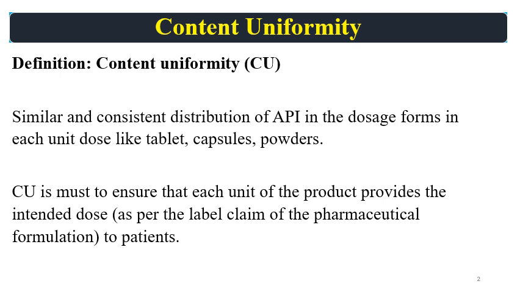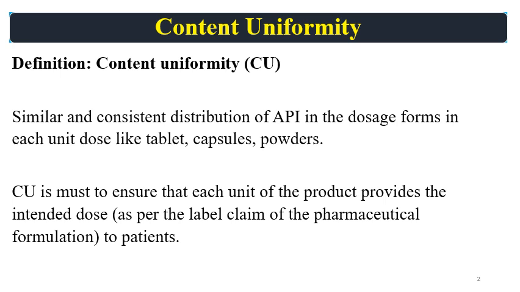Content uniformity is also referred to as CU in the pharmaceutical industry. It means similar and consistent distribution of API or drug substance in the dosage forms, in each unit dose, like tablets, capsules, powders, or other formulations like suspensions, emulsions, or whatever.